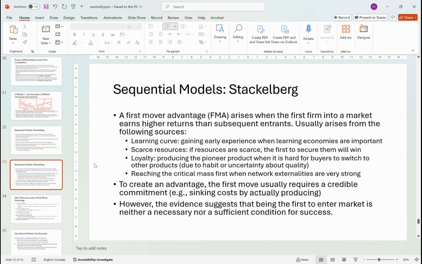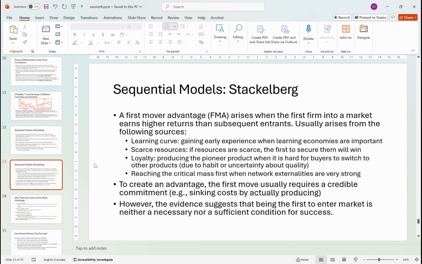And this arises from so many factors. For example, the first factor that could cause first mover advantage and greater market share for the first mover is the learning curve. The firm that enters the market earlier would learn and get more experience compared to the second firm in competition, and they are able to get the greater market share, right?